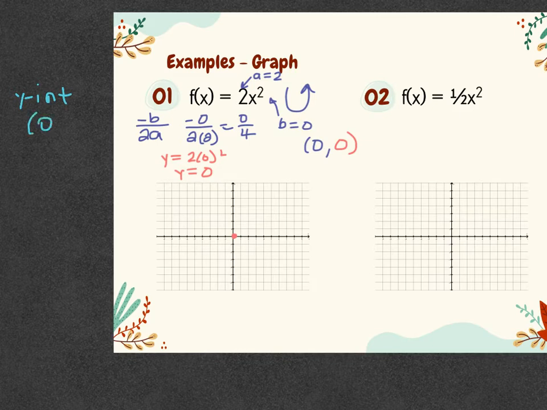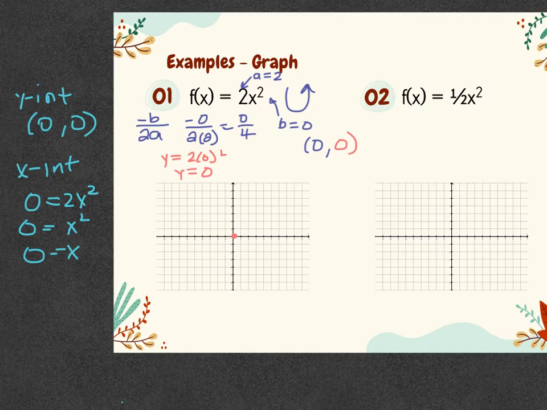The y-intercept is also 0, 0. 1 point is not enough to graph. If I wanted to find the x-intercept, I plug 0 in for y. Divide by 2, square root, it's still 0, 0. I still only have 1 point. So in a case like this, you have to plug in additional points.